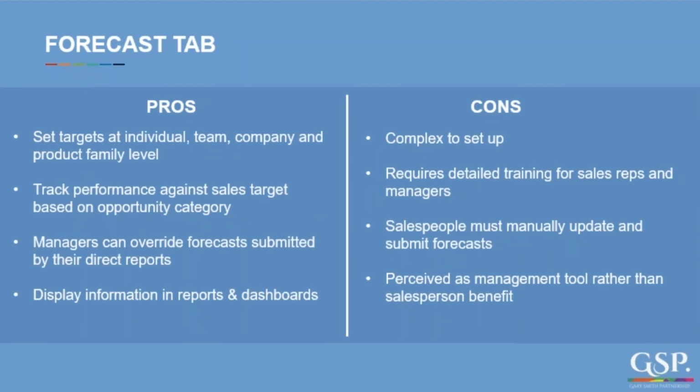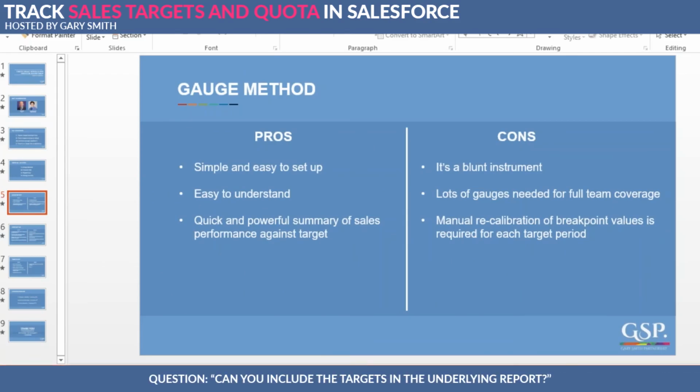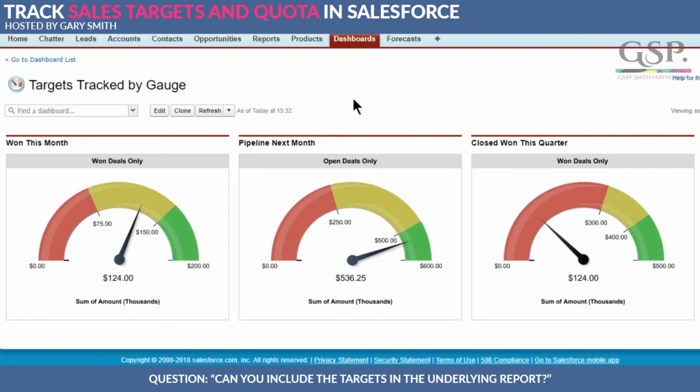Any questions on that, Ben, at all, or everybody happy with that? We did have a couple of questions actually on the gauge method. The first question, someone asked, can you include the targets in the underlying report? You can't, and that's one of the downsides of it.